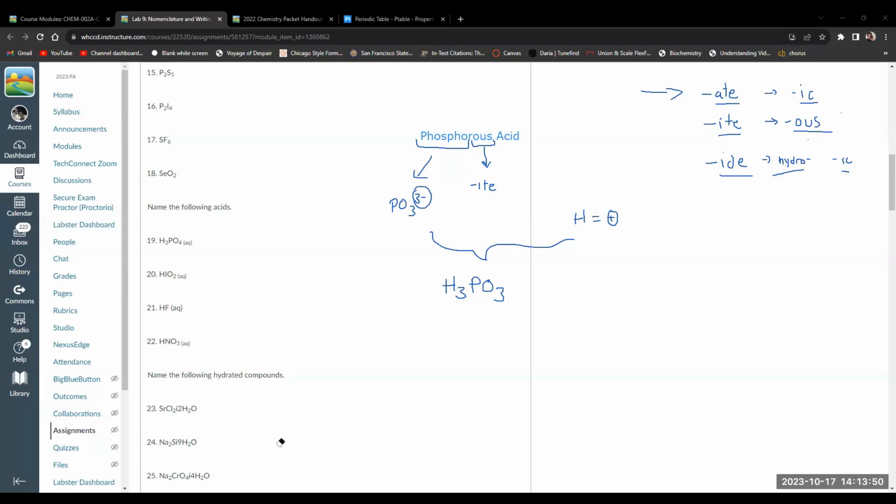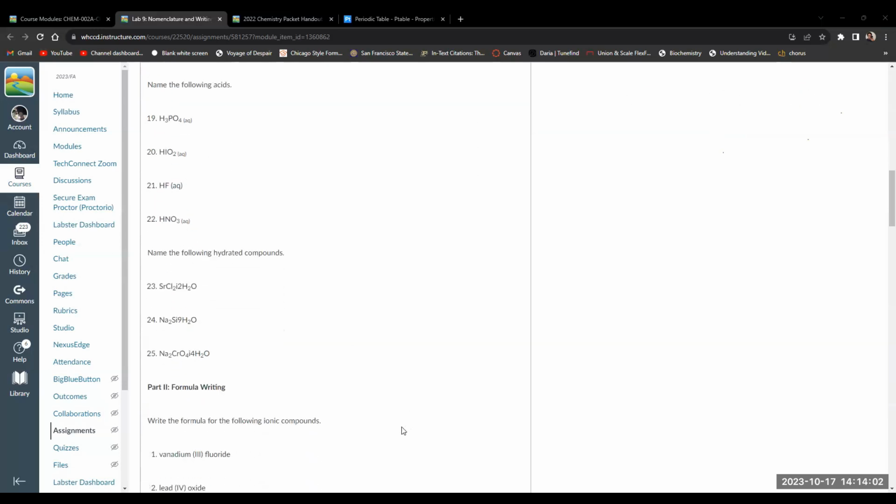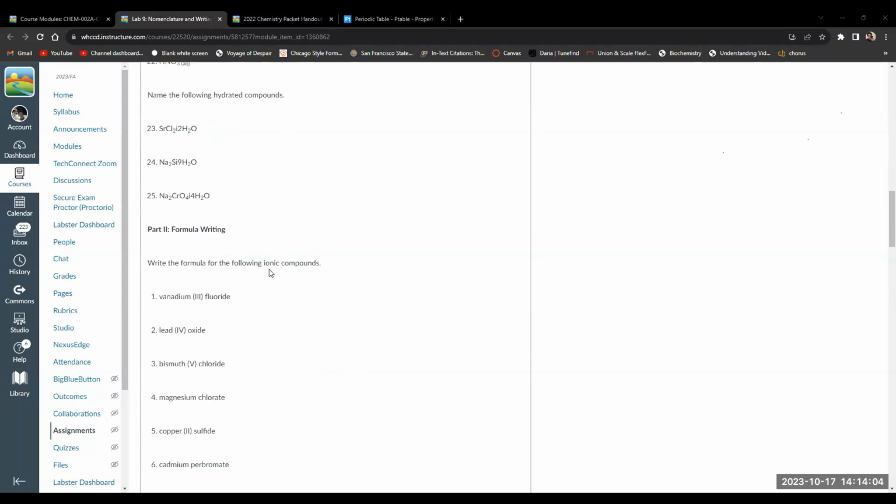So let's move on to the next rule here. Hydrated compounds. So hydrated compounds follow the same rule as ionics for the most part. However, we're just adding one more thing to them, and it's this water.